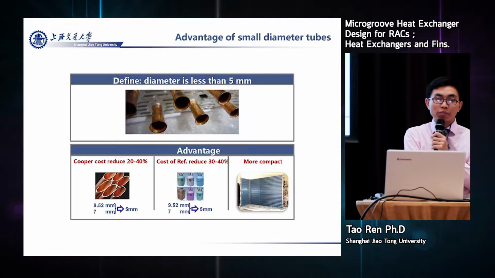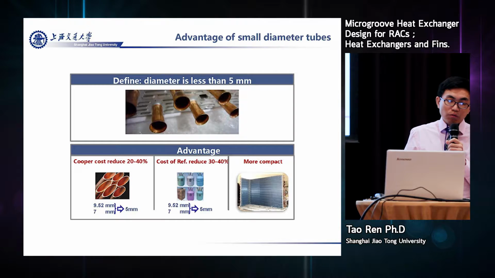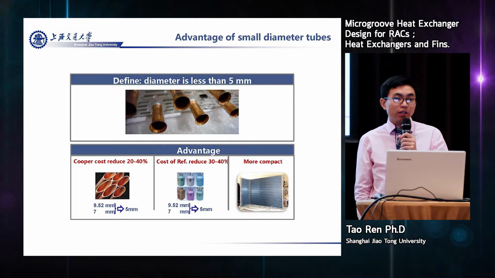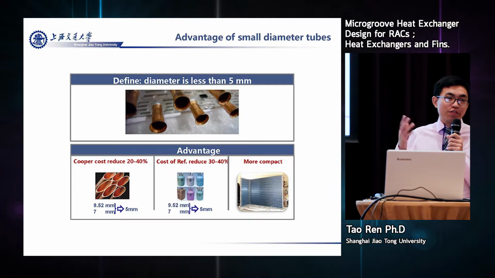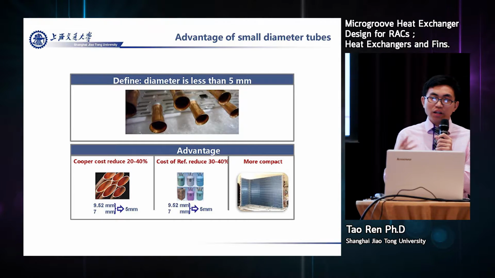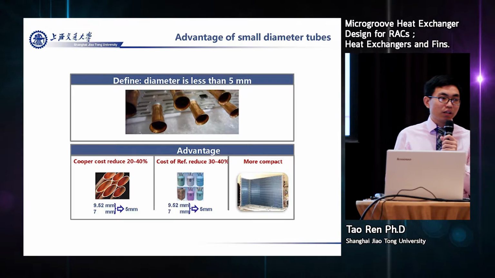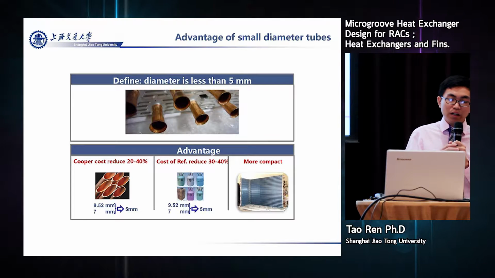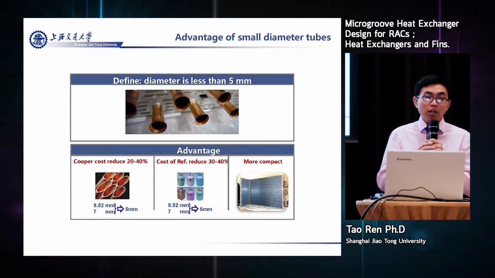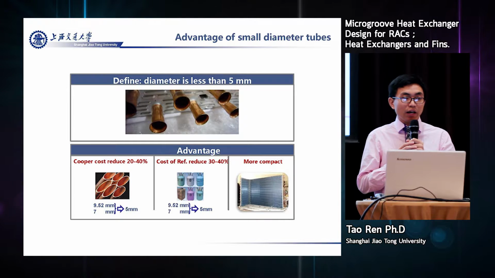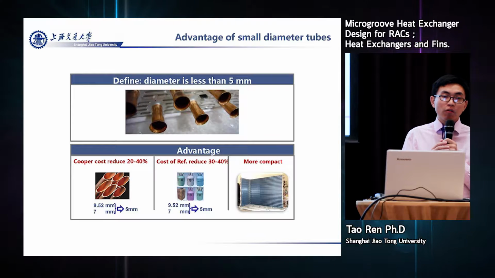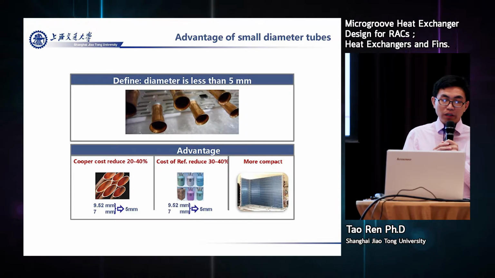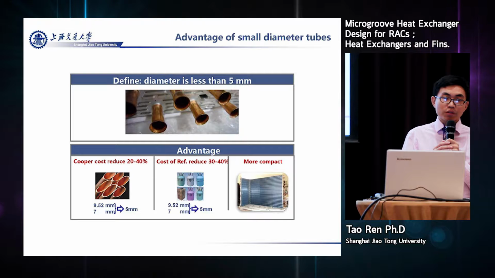The whole volume will be reduced when we design high efficiency heat exchangers, for example, a 5-star air conditioner, or the level 1 air conditioners in China. 5 millimeter plays an important role to get high efficiency.